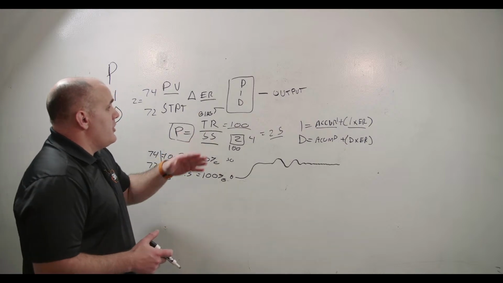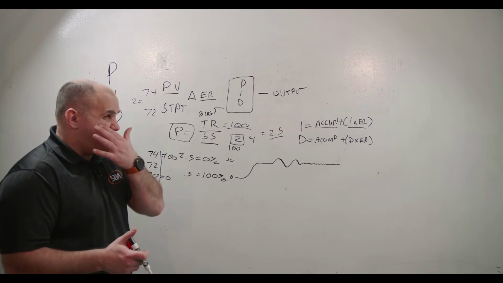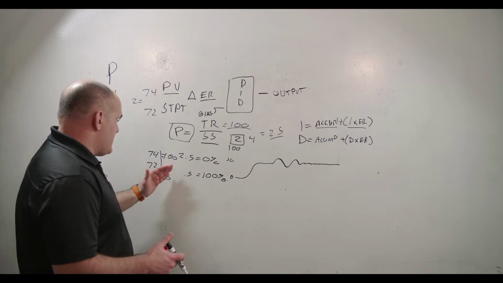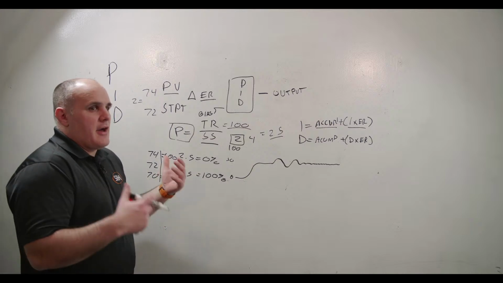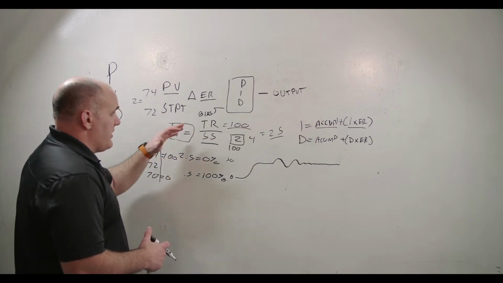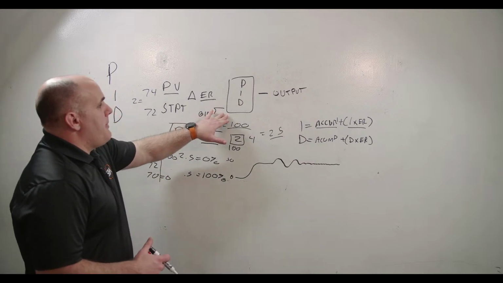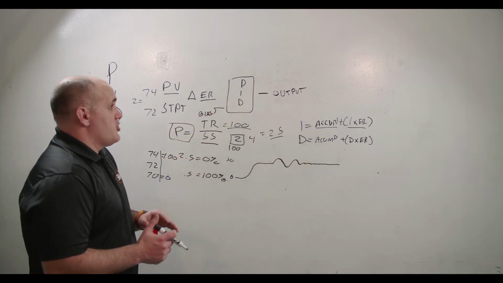So we preload it with a bias. Maybe we give ourselves a 25 or a 50% bias, and that's kind of what I was doing here. I did it subconsciously, out of habit, I already preloaded with a 50% bias. But that bias just preloads the PID loop controller.